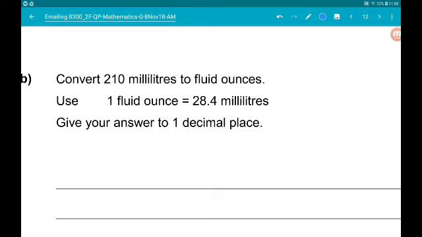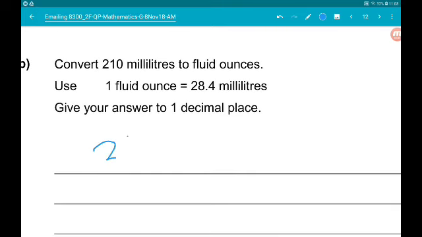So we do 210 divided by 28.4 and we get 7.394 blah blah blah. Now to 1 decimal place, the 3 has a 9 after it, so that rounds up to 7.4. So we would want to write 210 divided by 28.4 is equal to 7.4. Cool.